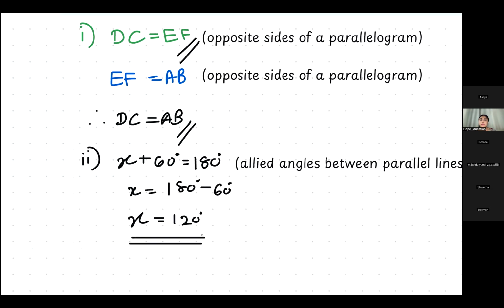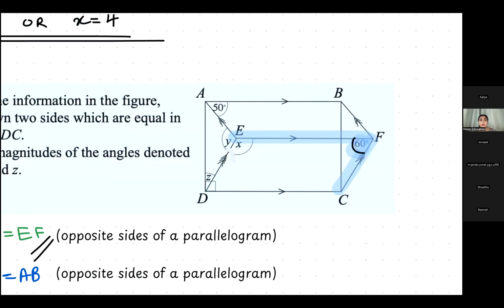Then X, no problem. X is 120. What about Y? How do we find Y? Tell me, how did you find Y? Okay, Basma has an answer. What about others?